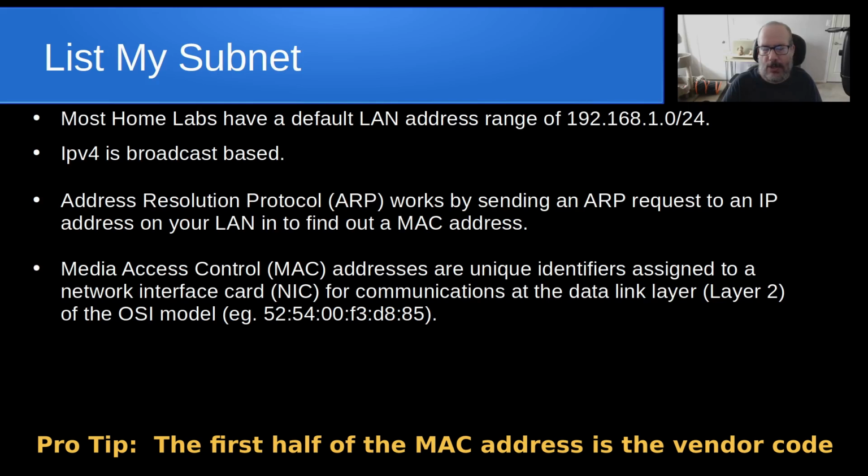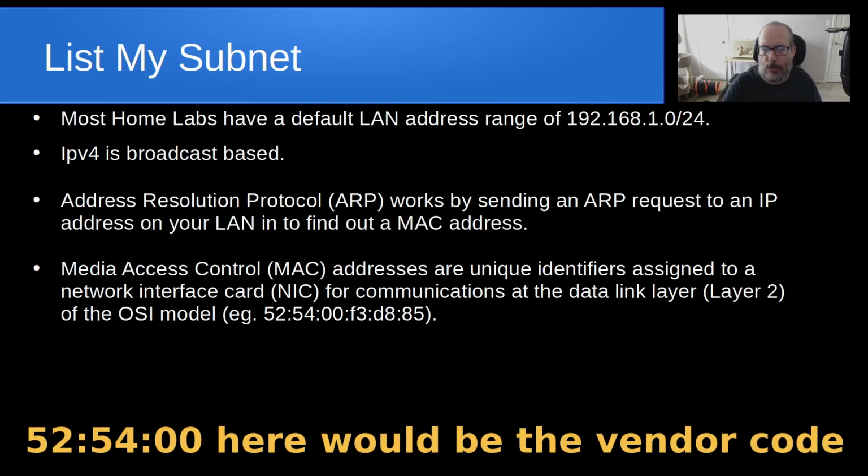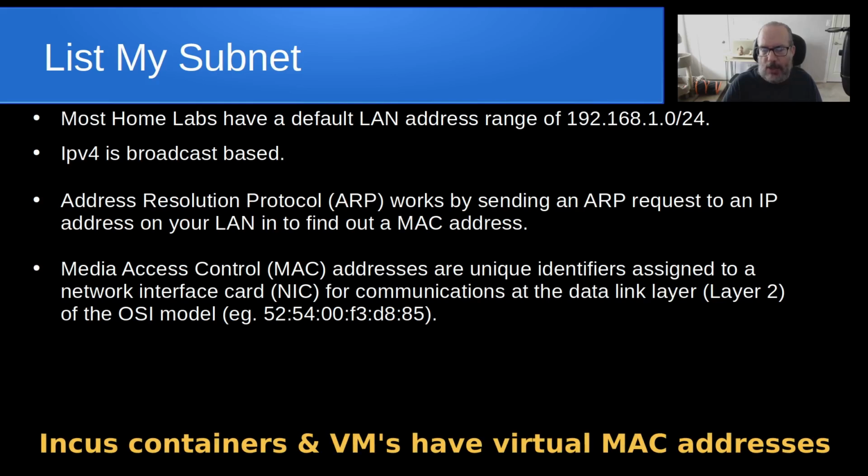And so if you did something like an ifconfig, and you see that you've got an address like I mentioned here of 52:54:00 and so on, that is referred to as the MAC address or the hardware address. That hardware address has actually become somewhat of a misnomer nowadays, because we have a lot of virtual devices that now have MAC addresses.